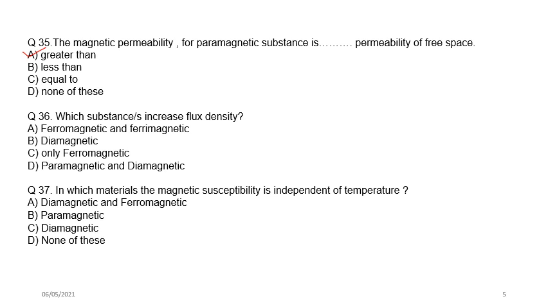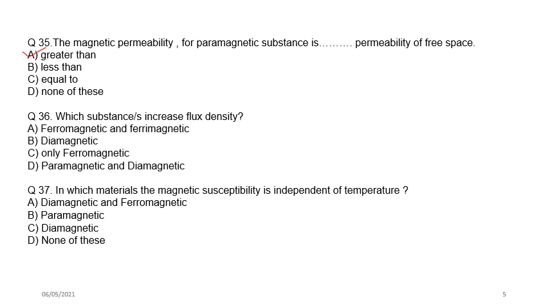Permeability gives us the material's ability to allow magnetic lines of force to pass through it. So from that angle, the permeability of a paramagnetic substance is greater than the permeability of free space.